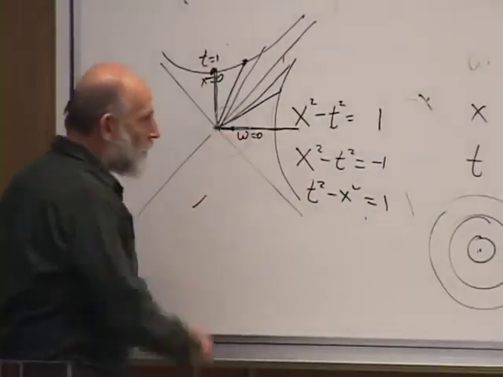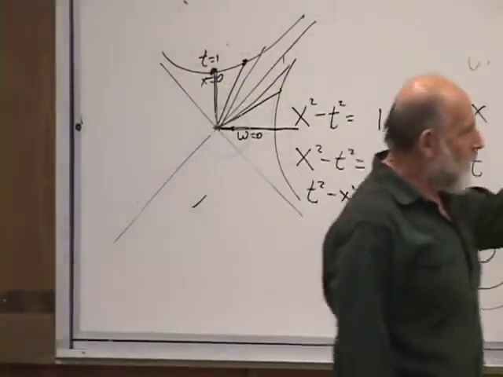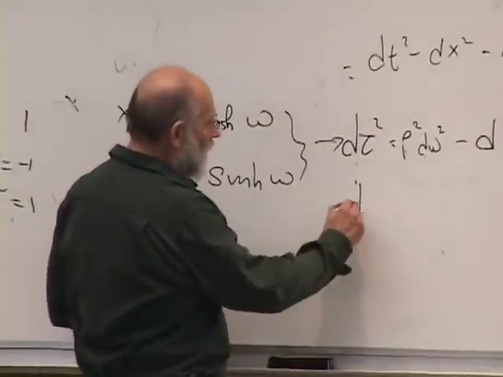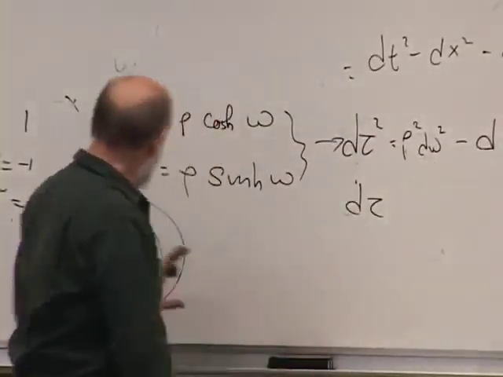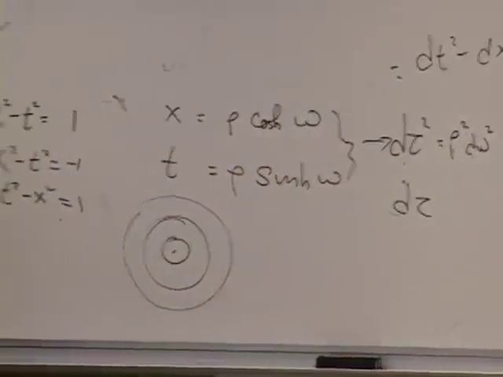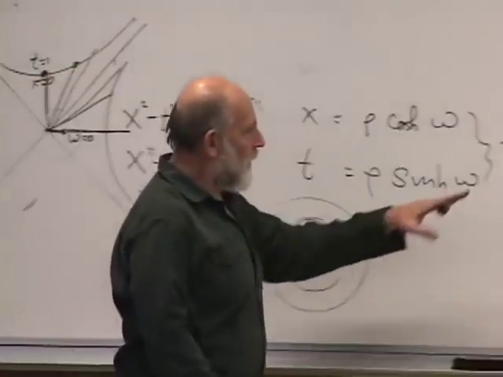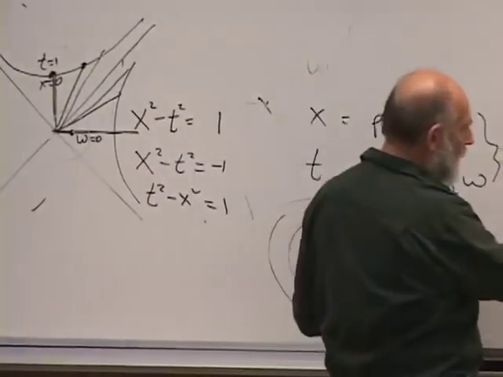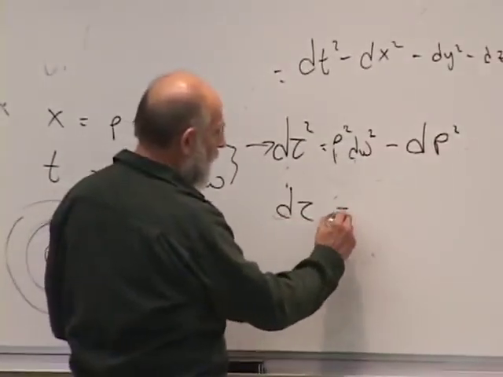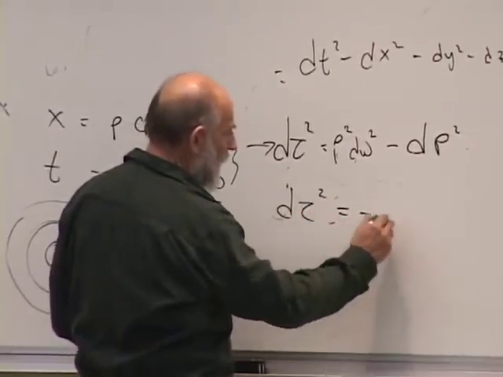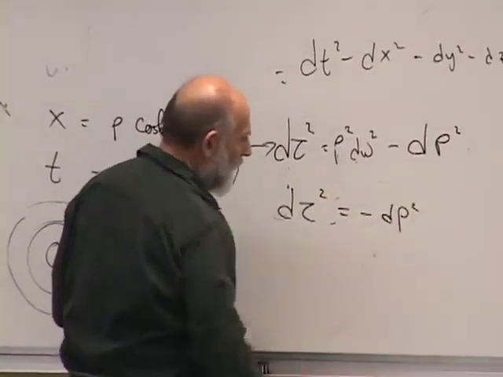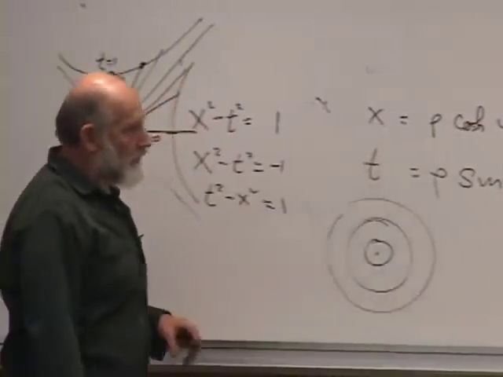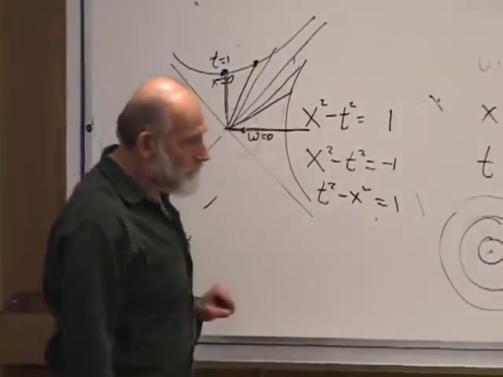Spatial distance. It's the proper distance. How do I know it's the proper distance? D tau for move out along here. D omega is equal to 0 if I move horizontally. And d tau squared is minus d rho squared. That's the definition of proper distance along here.